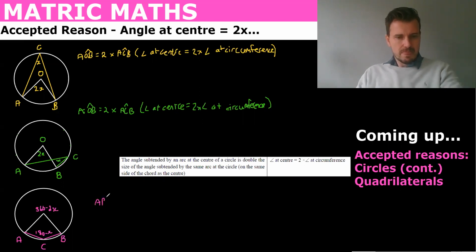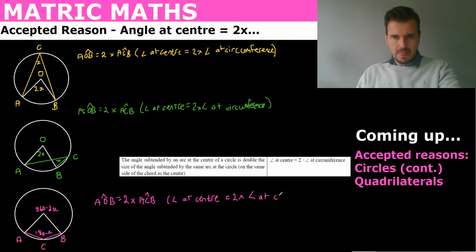So we're still going to say that AOB equals 2 times ACB, angle at center equals 2 times angle at circumference. But we just need to remember which angle we're talking about.